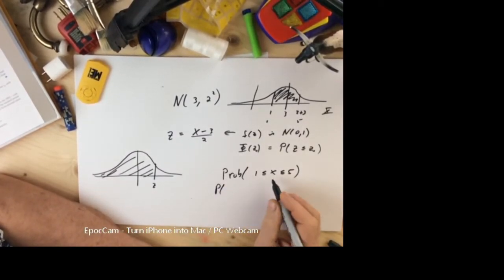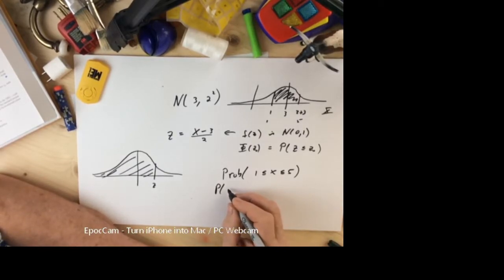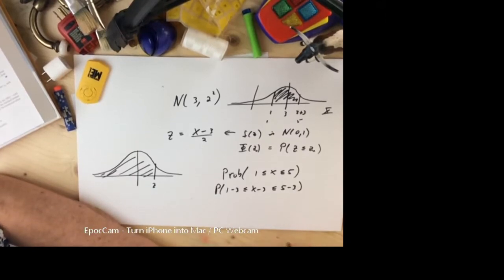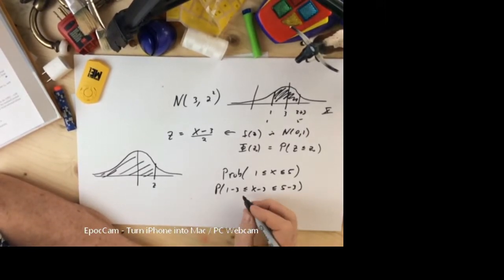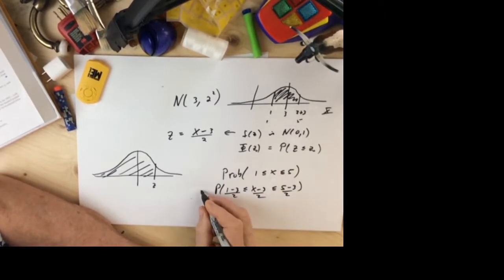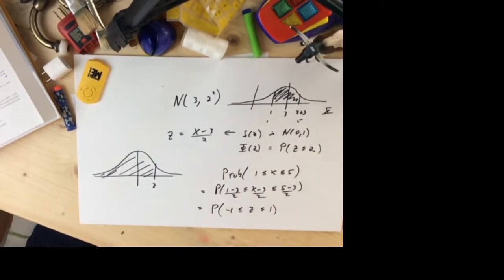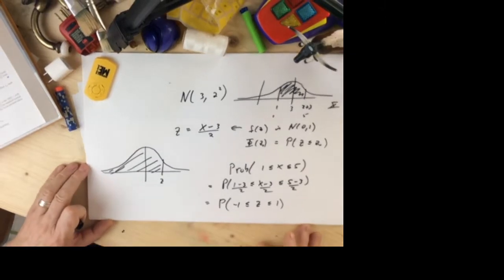First I'm going to take this inequality and subtract 3 from it everywhere. Then I'm going to divide by 2, which is a positive number, so the inequality is in the same direction. And just like this, I get a probability of minus 1 less than or equal to z less than or equal to 1. And we have converted it to a normal standardization question.